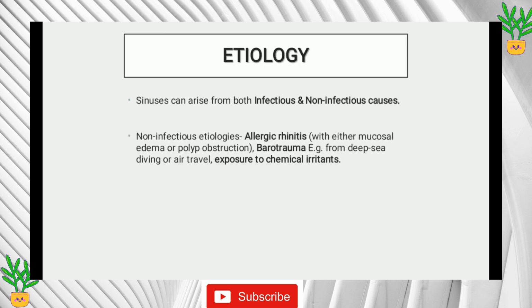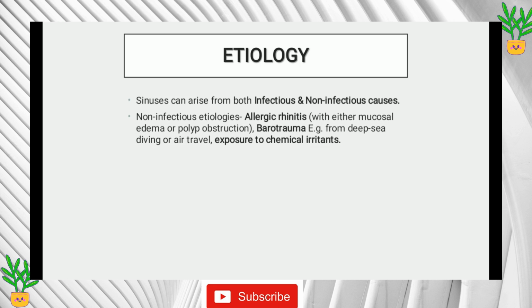So how does this sinus infection occur? What is the etiology of sinusitis? Sinusitis can arise from both infectious as well as non-infectious causes. The non-infectious causes are, first, allergic rhinitis.